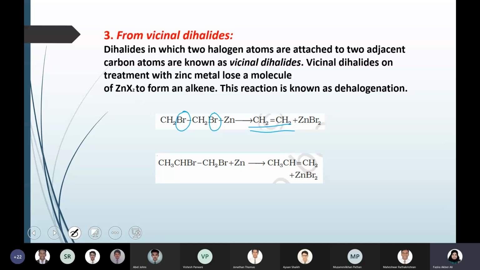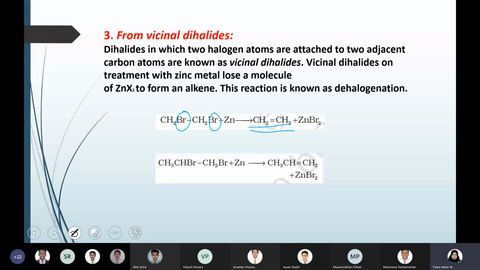So when you are eliminating atoms from a compound, a single bonded compound will be converted to a double bond, or a double bonded compound will be converted to a triple bond. So elimination leads to the formation of multiple bonds in organic chemistry. This is specific to organic; you can't see the same thing happening in inorganic, where reactions are different.